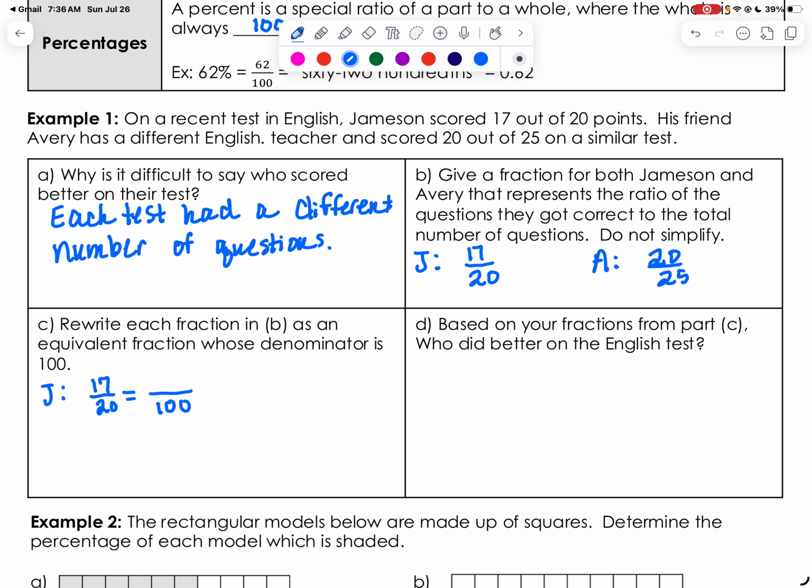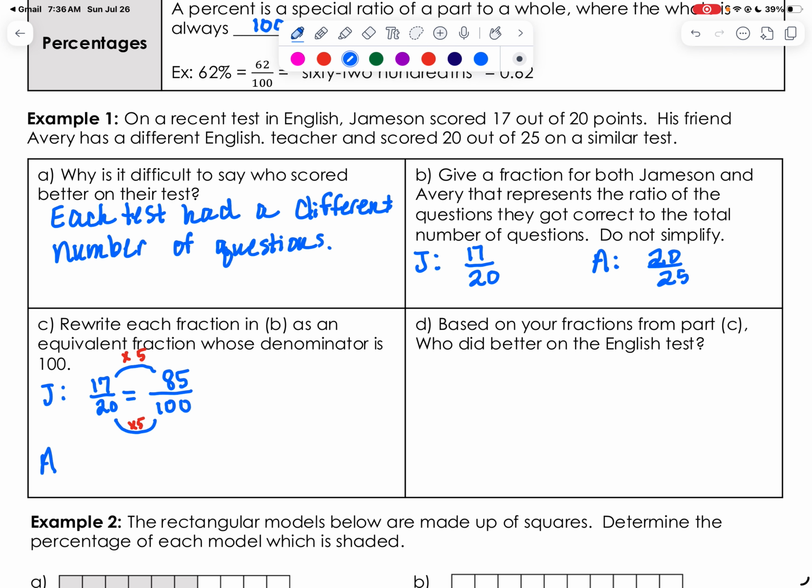So we can scale 20 to 100 if we multiply by 5. But if we multiply the denominator by 5, we're going to have to also multiply the numerator by 5. So 17 times 5 gives me 85.